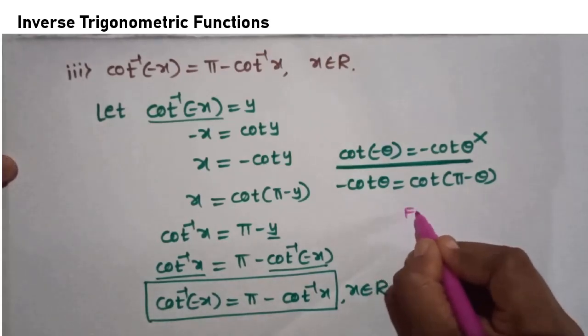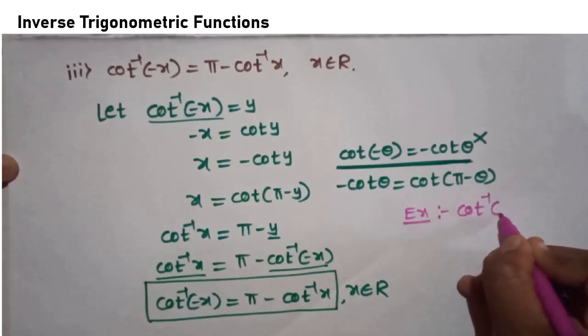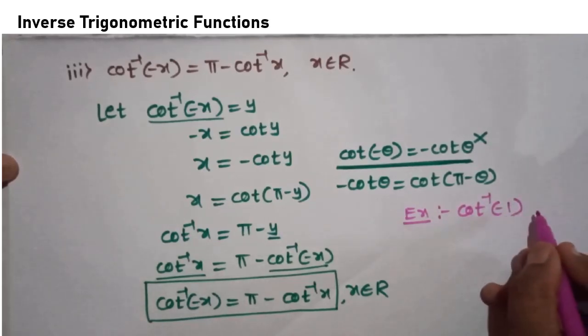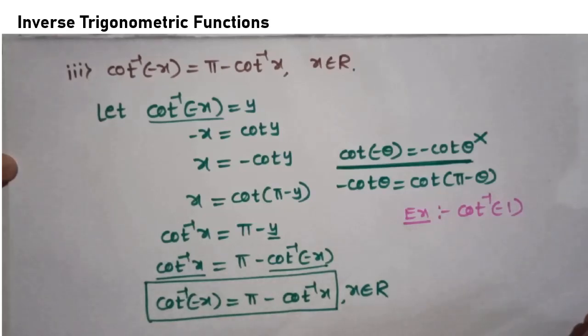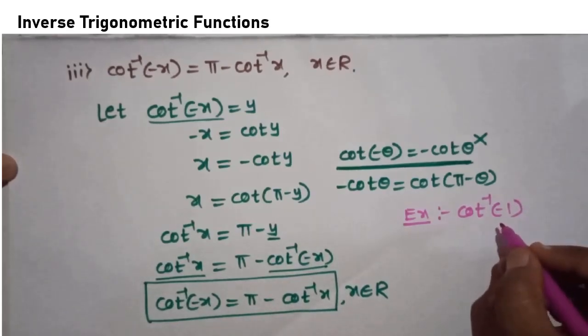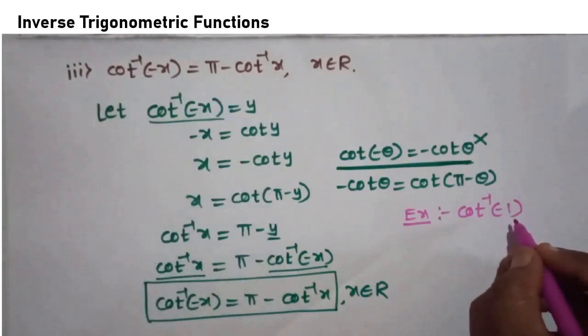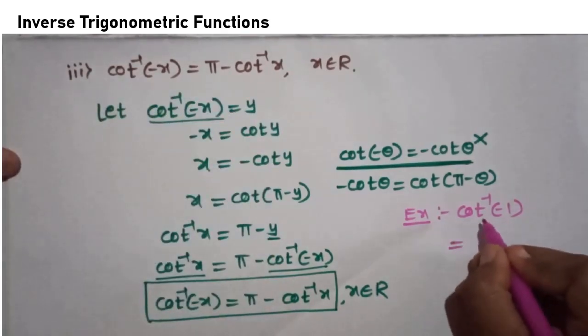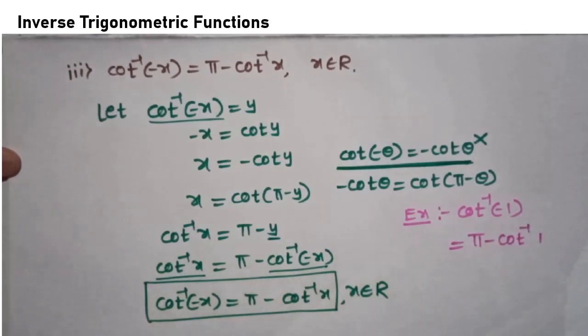Okay, so they will ask, find the principal value of cot inverse of minus 1. With the usual method, you put this equals to y, therefore minus 1 is equals to cot y, and hence you get its principal value. Instead of that, I know the result, cot inverse of minus x is pi minus cot inverse x. So that's what I am using here. Cot inverse of minus 1 is pi minus cot inverse 1.